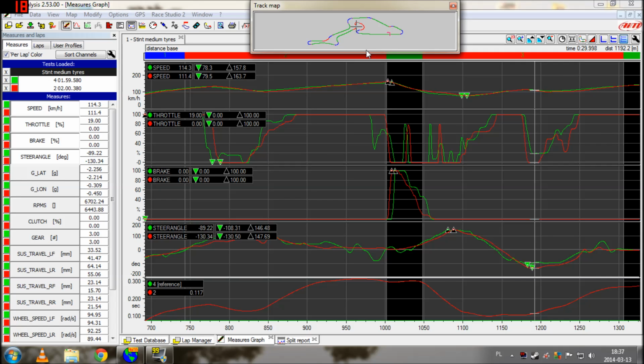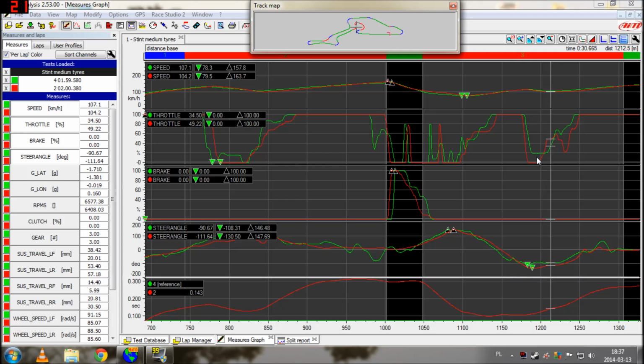You can take a gamble and attack the curb, but it's very important to have good suspension there, or you can avoid the curb and take a slightly different line. So let's see what happens here, and especially look at the throttle. Look at that through the corner. The apex is usually the slowest point in the corner, but it's not always the case.